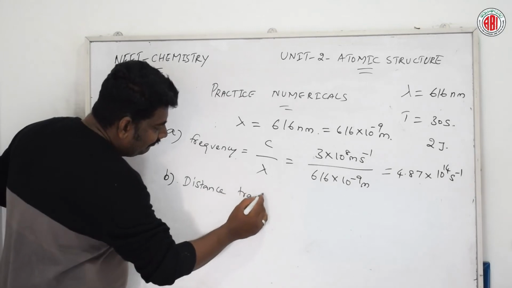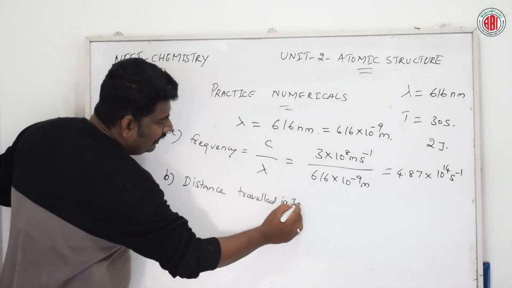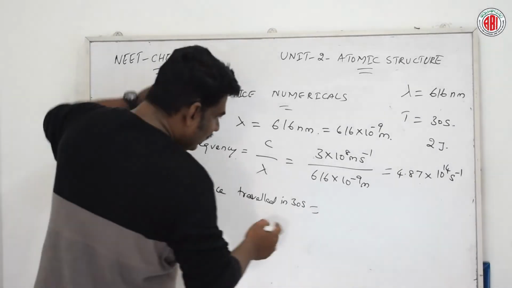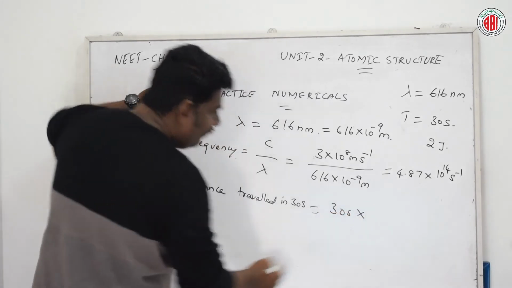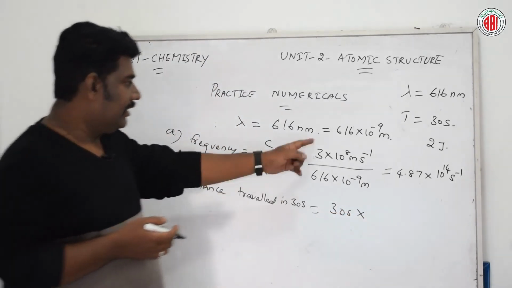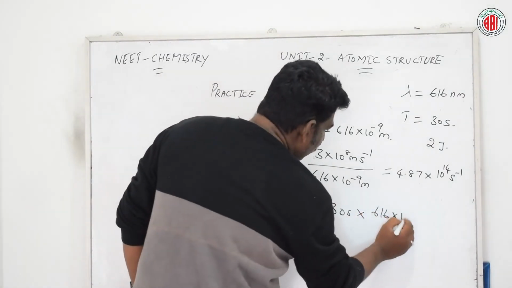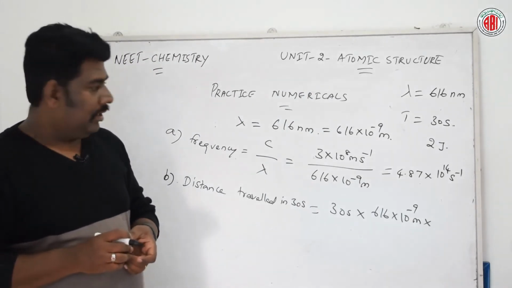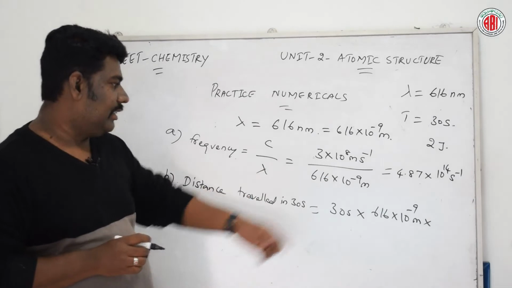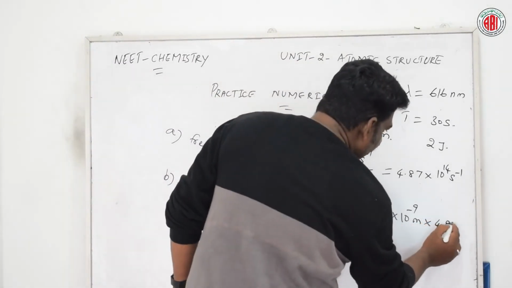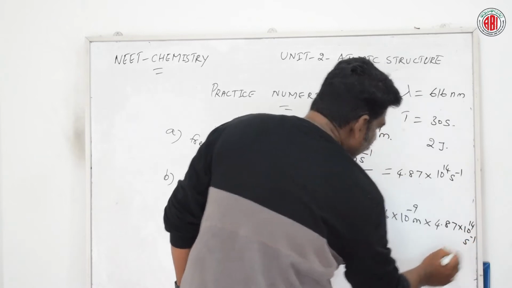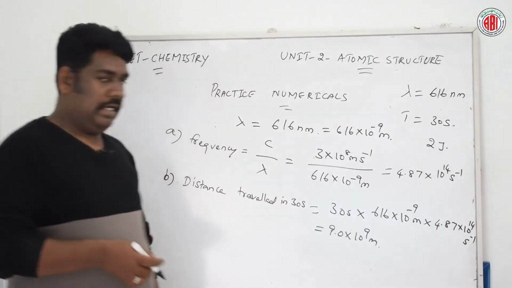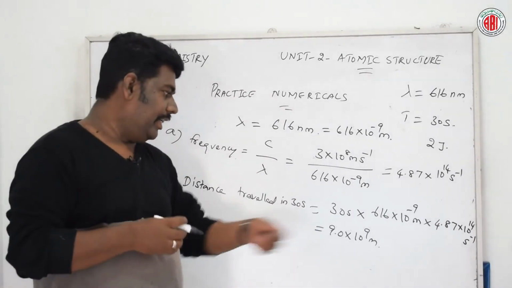Distance traveled in 30 seconds, that is equal to 30 seconds into wavelength, that is there, 616 into 10 to the power of minus 9 meter, into we got the frequency, that is 4.87 into 10 to the power of 14 per second. So simplifying this, we get 9.0 into 10 to the power of 9 meter, or 9 into 10 to the power of 9 meter.